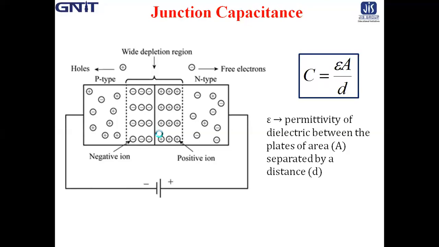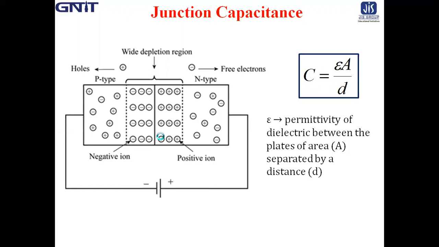The depletion layer acts as a dielectric, that is non-conductive medium between P and N regions on either side of the junction. Therefore, these regions act as two plates of a capacitor separated by a dielectric, that is depletion layer.